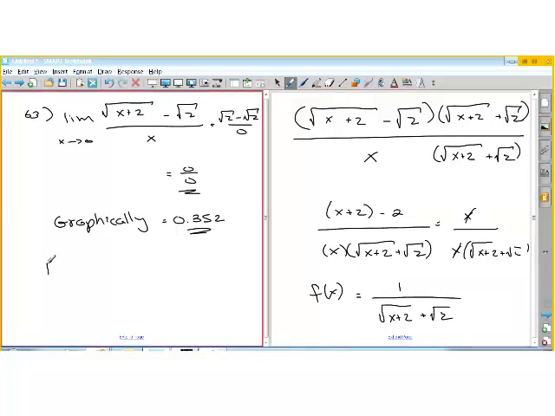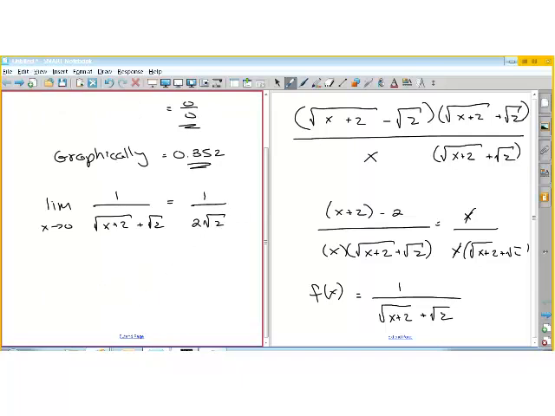And so the limit of the original function is the same as this modified version: 1 over the square root of x plus 2 plus the square root of 2. And so when you plug 0 in, you get 1 divided by the square root of 2 plus the square root of 2. So you get 1 over 2 square root of 2.